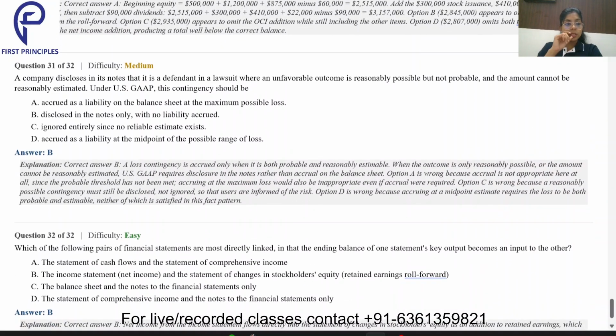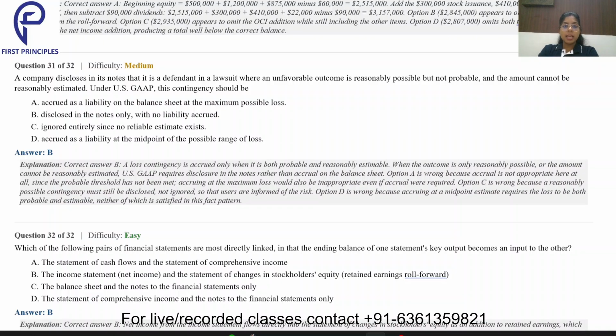Moving to question number 31: a company discloses in its notes that it is a defendant in a lawsuit where an unfavorable outcome is reasonably possible but not probable, and the amount cannot be reasonably estimated under US GAAP. This contingency should be... So under US GAAP, I don't know if you guys have studied this concept or not.